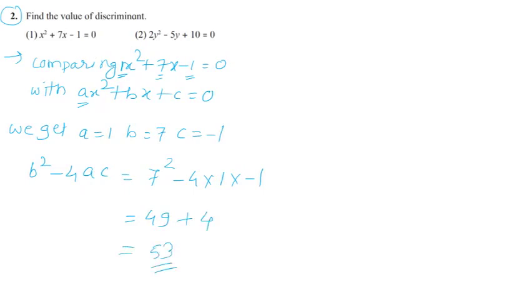Okay, understood? Now second example, try to solve by similar method. Okay, understood how to find the discriminant. This expression b square minus 4ac is called discriminant, and here we have to substitute the value of a, b, c. Understood?